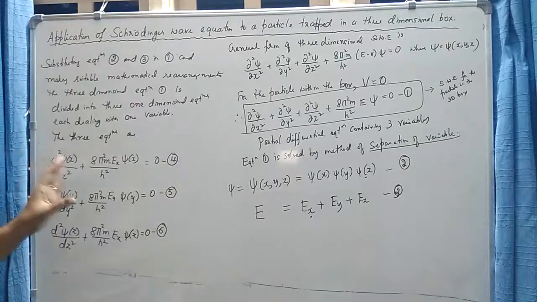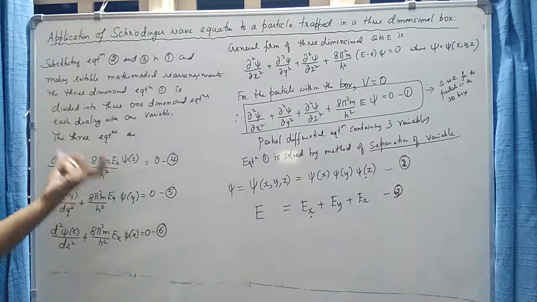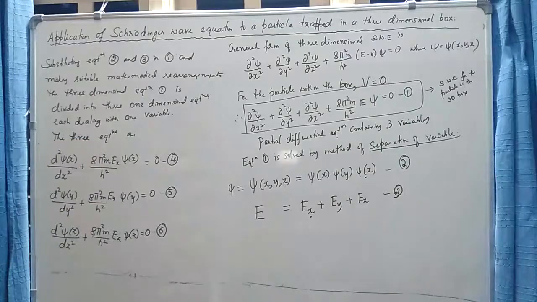Equation number 4 is the Schrodinger wave equation for the particle trapped in the one-dimensional box along x-axis. So we need not solve it again because we have already solved it. Therefore we know the solution, the expression for energy and the expression for wave function.